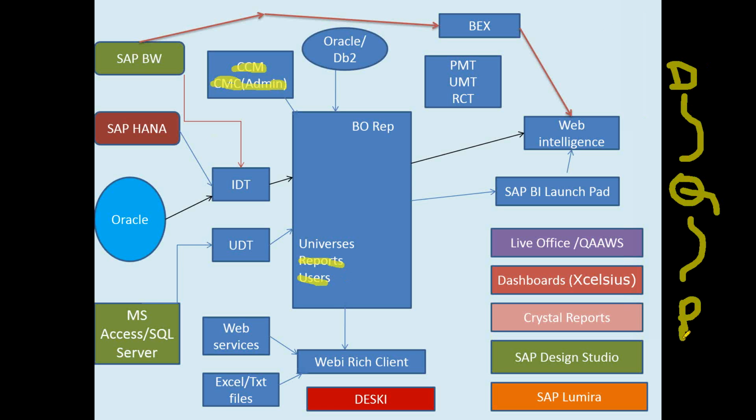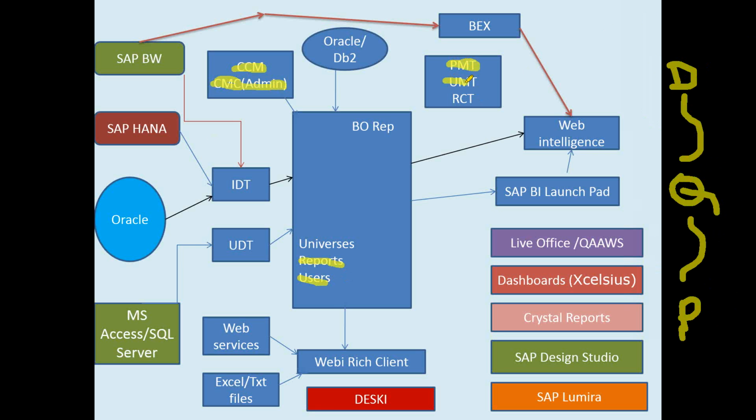So you are going to move the reports from dev to quality, and quality to production, by using the Promotion Management tool. PMT is a tool with which we can move reports from one environment to the other. So all that we'll discuss, how to move the reports from one environment to the other.